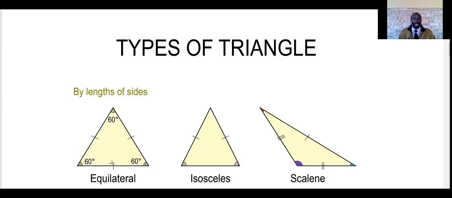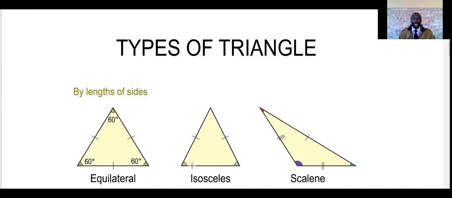The sides have got the same length. This side has got the same length as this, and that is indicated with this 1 bar. The other type of triangle is called an isosceles triangle. Now, this type of triangle has got 2 sides with the same length, but the third side has got a different length.